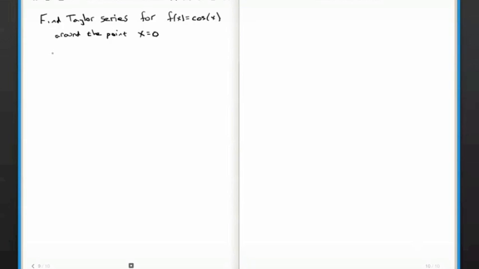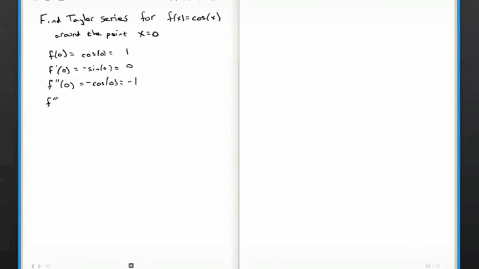My first step is to write out a few points. So I'm going to say that f of 0 equals the cosine of 0 equals 1. And my f prime of 0 equals the derivative of cosine, which is negative sine of 0, which equals, the sine of 0 is 0, so that remains 0. That's nice. The second derivative, f double prime of 0, equals the derivative of negative sine, which is negative cosine of 0, equals negative 1.